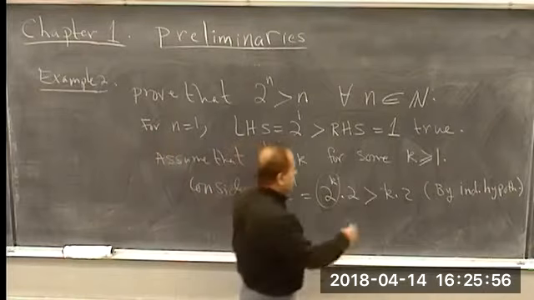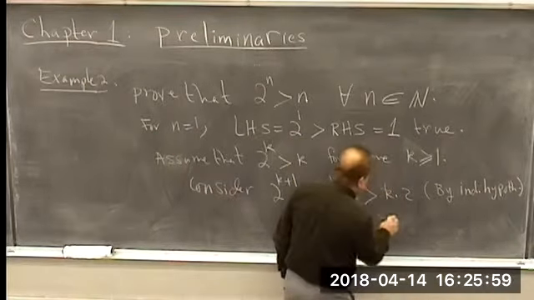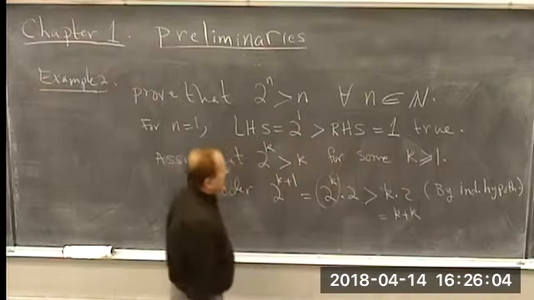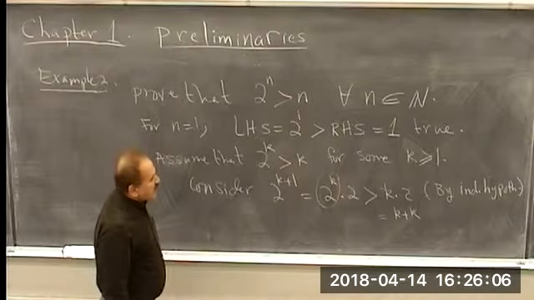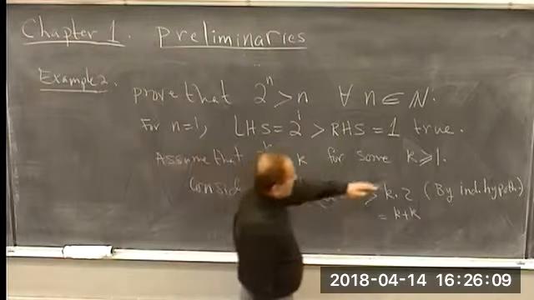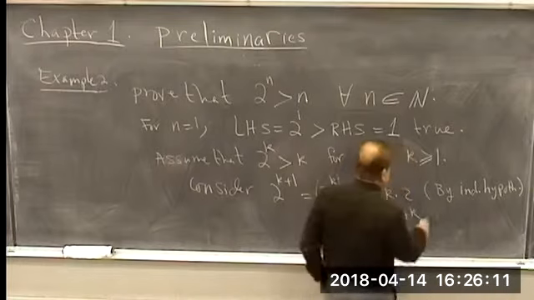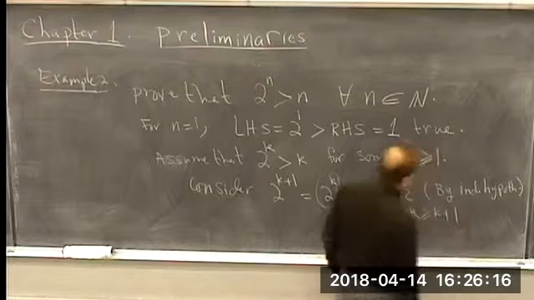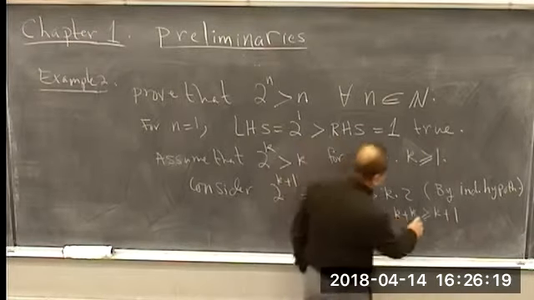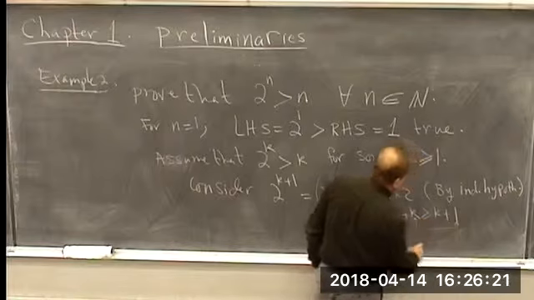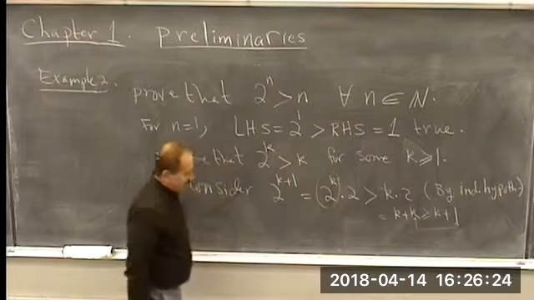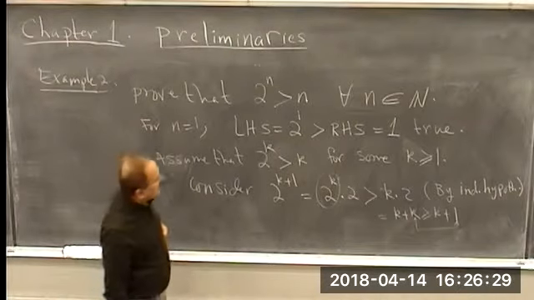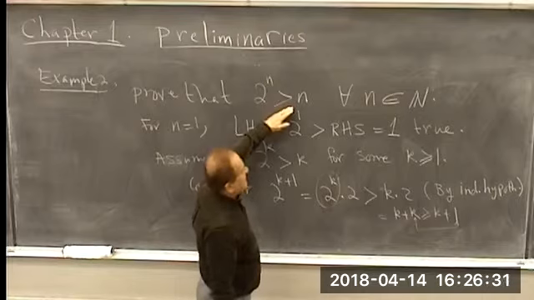Now, this means that this quantity is equal to k plus k. And now we know that k is bigger than or equal to 1. So the best I can say in here is that this is bigger than or equal to k plus 1, because I'm replacing the second k in here by a number that is actually smaller than that. Well, unfortunately, this is not going to be good for us because we want to show strictly bigger than.